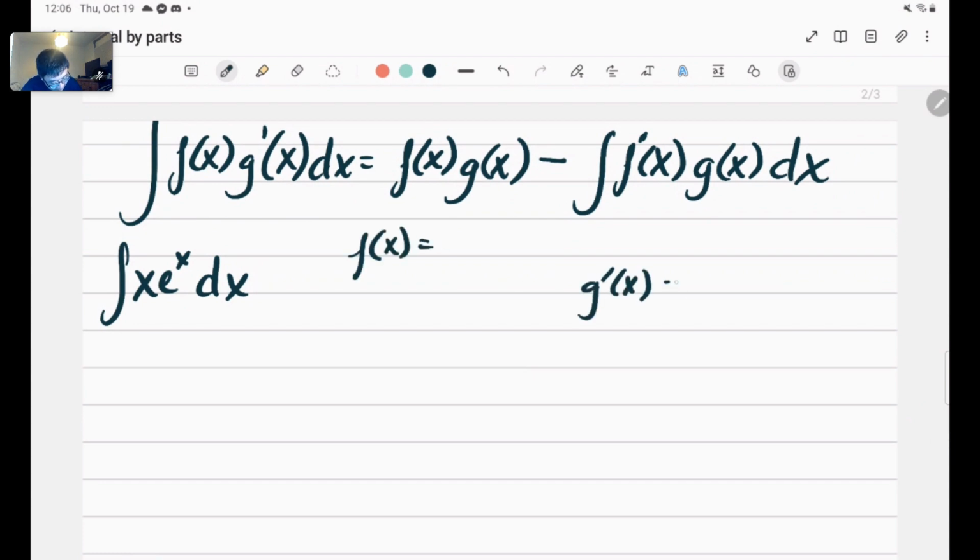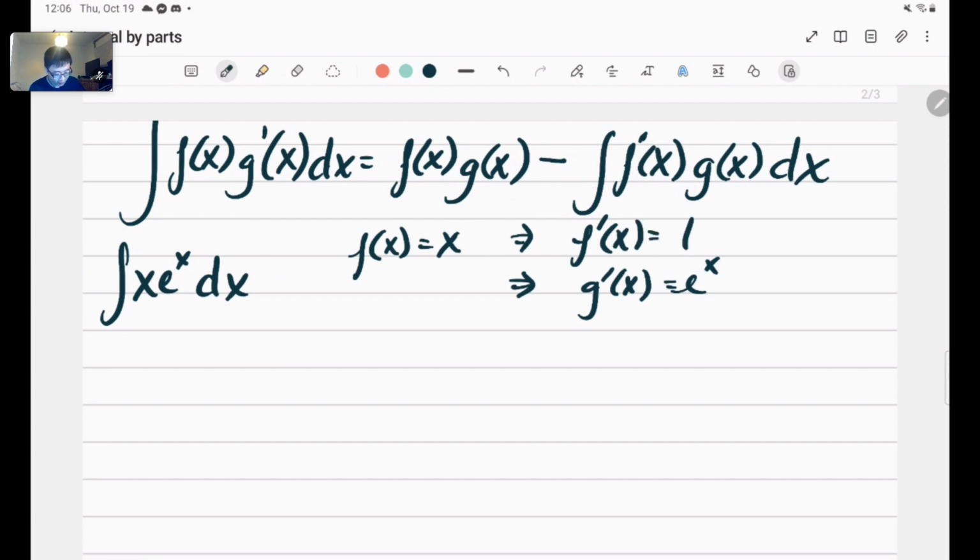I'm going to assign f of x equal to x, g prime of x equal to e to the power of x. I'll show you what happens if you flip these two around, if you choose f of x equal to e to the power of x and g prime of x equal to x. But for now, let's go with this flow. So f prime of x is going to be 1, the derivative of x.